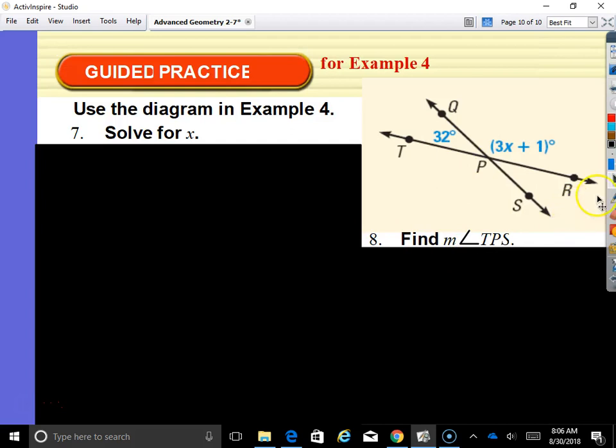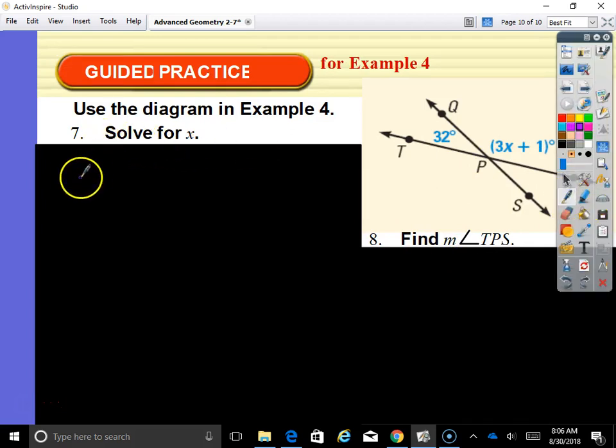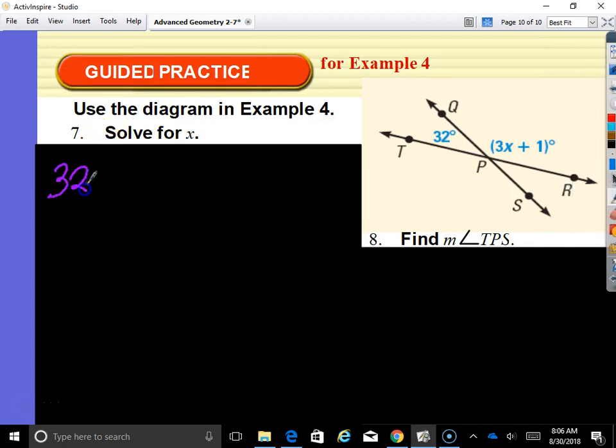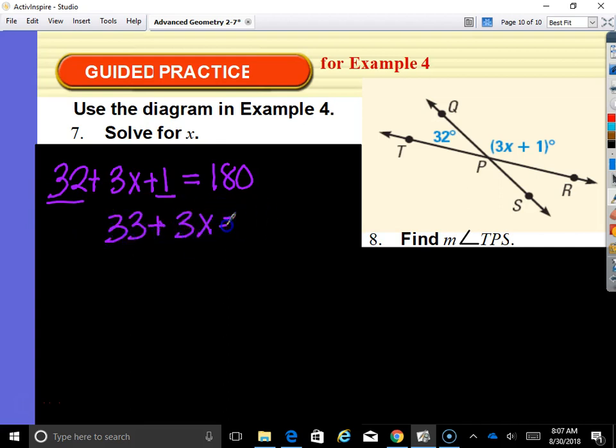Solve for x. So we know that 32 plus 3x plus 1 has to equal 180. 32 plus 1, 33 plus 3x has to equal 180.